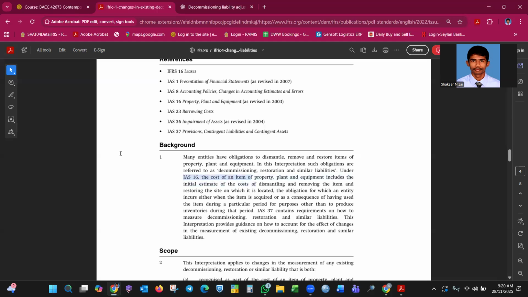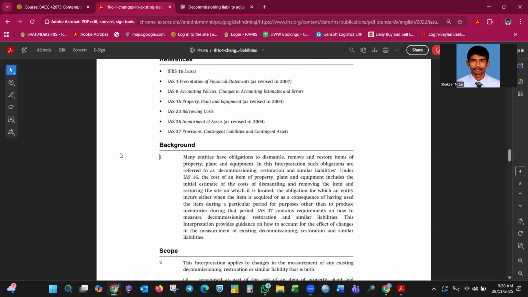Under IAS 16, the cost of an item of PPE includes the initial estimate of the cost of dismantling and removing the item. Initially, you estimate the present value of the future cash flows, because at the cessation point of the activity you may pay the dismantling, so the decommissioning cost. Therefore, you need to value it as a present value today of the future cash flows.